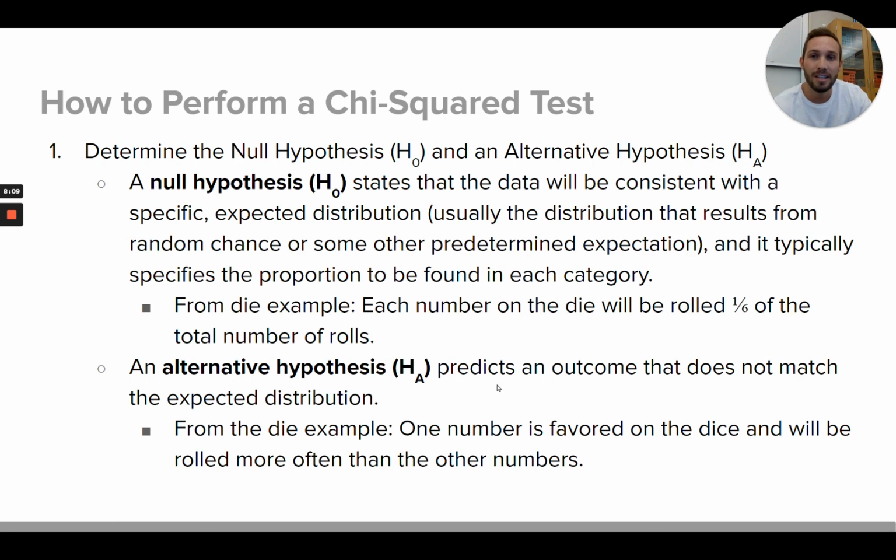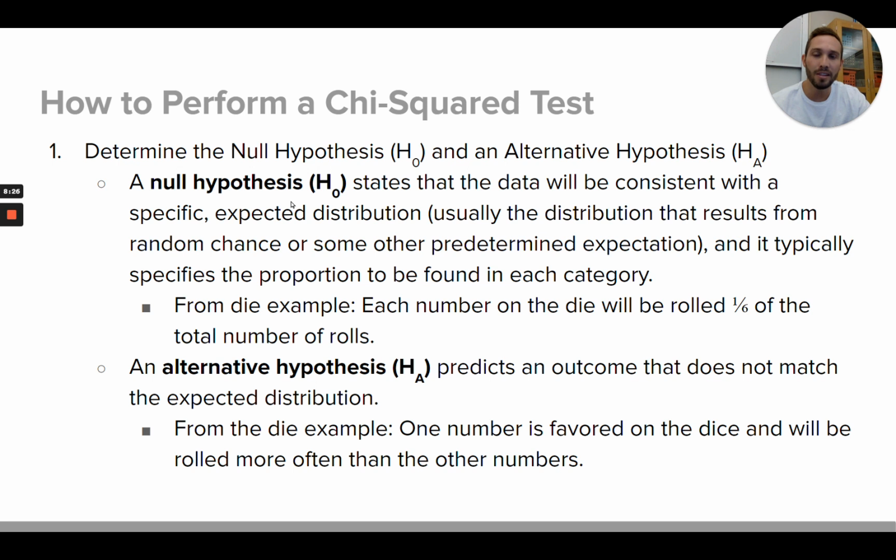Here's how you do a chi-square test. There are different steps. Step 1 is you need to first and foremost figure out what's called the null hypothesis and an alternative hypothesis. We've talked about hypotheses before. In a lot of experiments, you can come up with something called a null hypothesis.